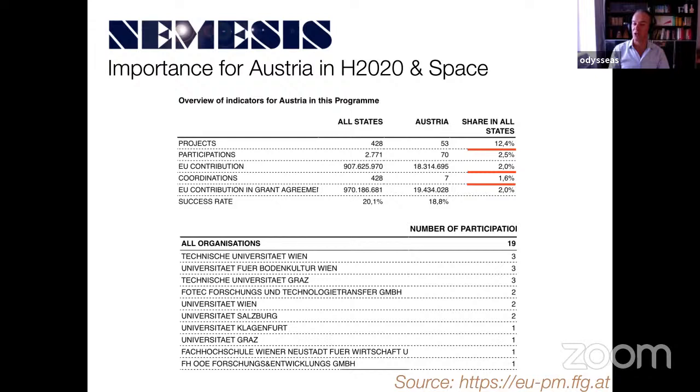However, they don't manage to bring lots of money in, and they don't lead the projects as we do. So NEMESIS is one of the very rare projects that actually brings quite a lot of money to Austria, and we're the project leaders here in Vienna. That's important also for the University of Vienna, as this is one of only two space projects that the University of Vienna has ever taken. And actually, I've also been participating in the second project before NEMESIS.